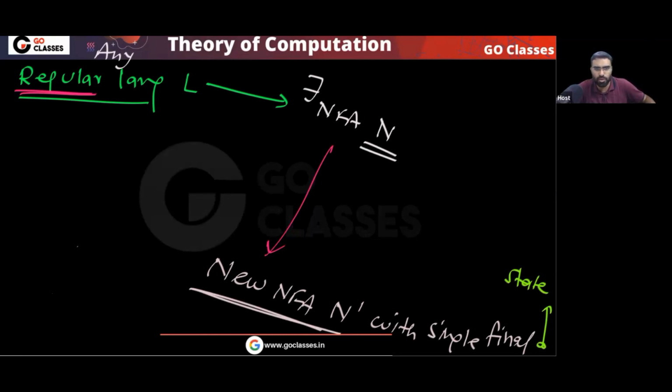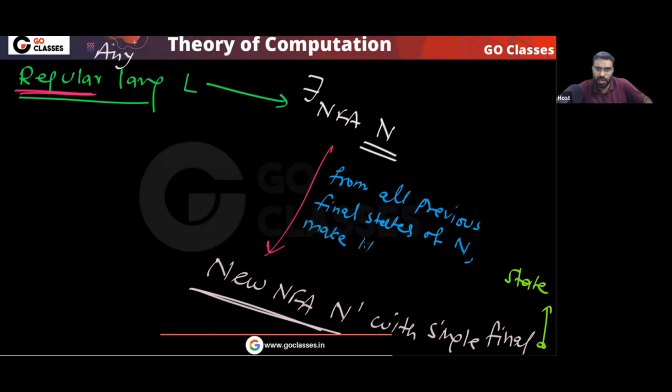And for that, what do you need to do? From this NFA, you can create a new NFA with a single final state. What you need to do is, from all previous final states of N, of this NFA N, make a null move to a new final state in N dash.